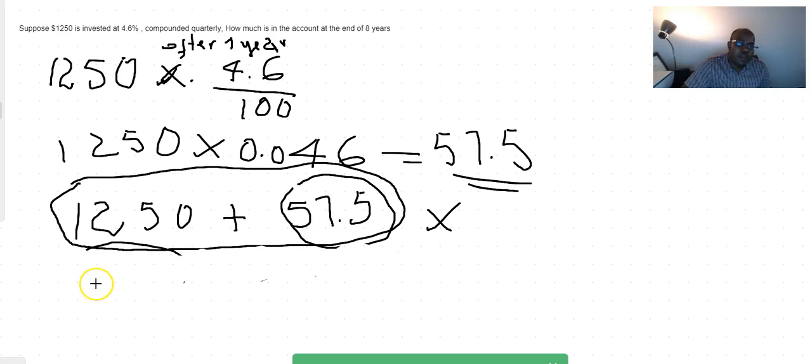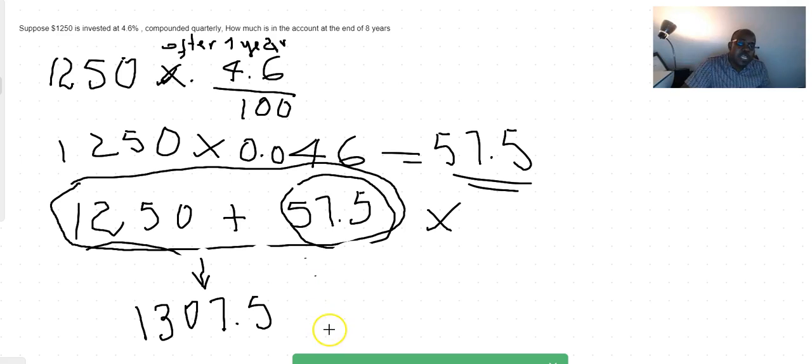So right now I'm going to have 1,250 plus 57.5, which gives me 1,307.5 after 1 year.